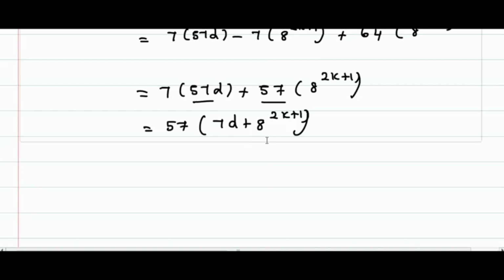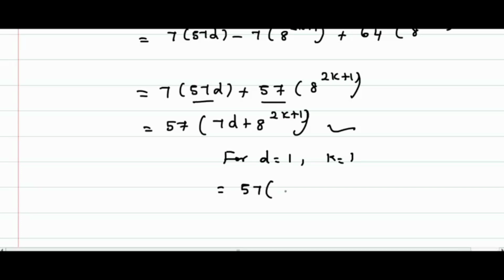We don't know whether it is divisible by 57, so let us consider an example. We consider d equal to any natural number, d equal to 1, and k equal to any number. I'm going to consider k equal to 1. If we substitute d equal to 1 and k equal to 1 in this expression, we should get some answer. Is that answer divisible by 57 or not?